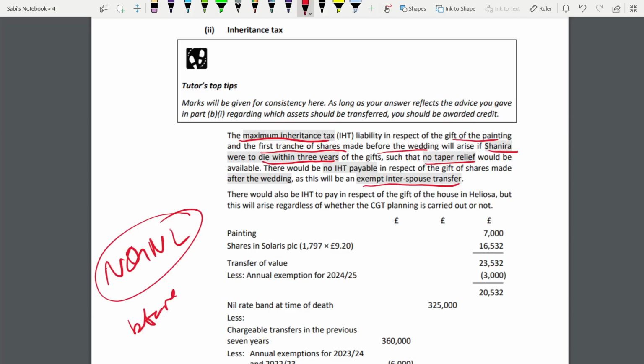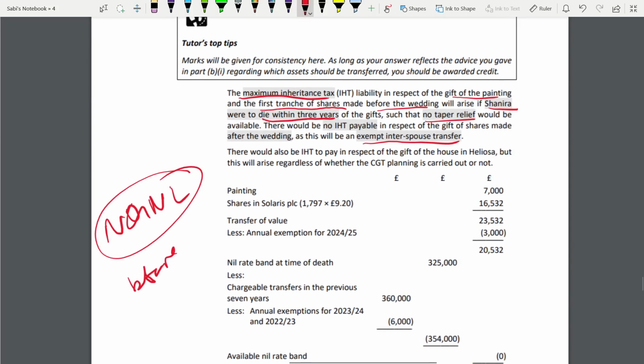Maximum means without all the reliefs, and no IHT for after the wedding because of inter-spouse transfer. So now we'll calculate. And also regarding the house, gift of house, what about this? You have to pay IHT regarding this.